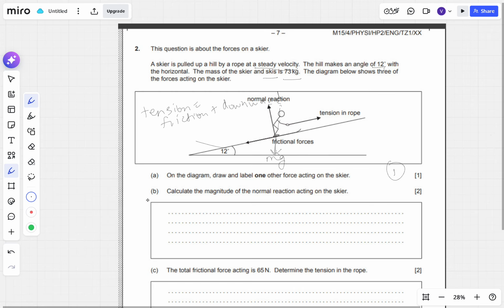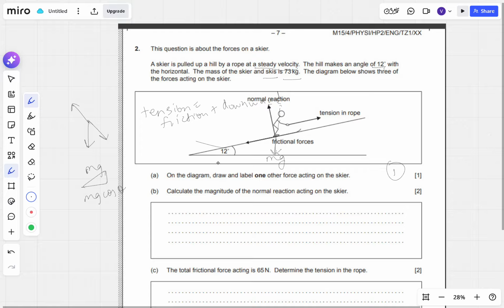Calculate the magnitude of the normal reaction force. Now this is going to be the angle. This is the normal reaction. This is the mg. So this will be mg cos theta.